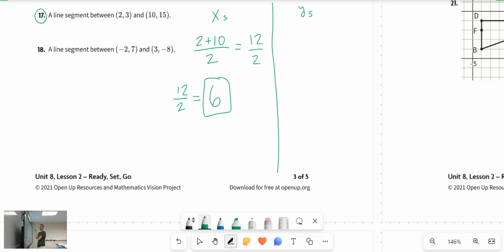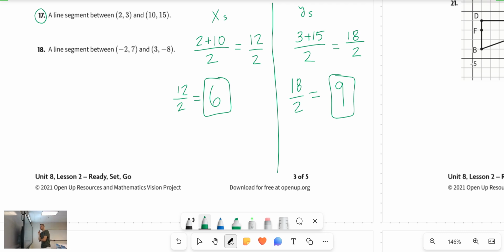And now for our y's up here, right? Our y's are 3 and 15. 3 plus 15 divided by 2. Well, 3 plus 15 is 18. So 18 divided by 2, and we know how to solve that. 18 divided by 2 is equal to 9.